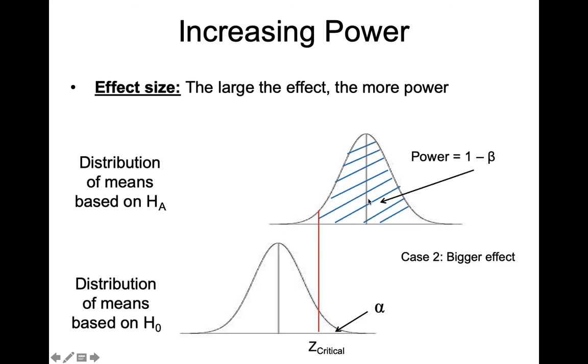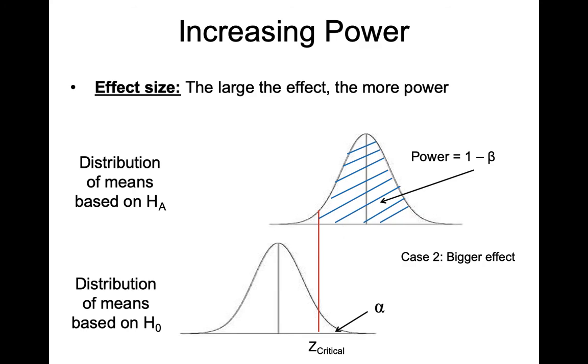Now we're going to shift over to 156. So with a larger effect, you can see we've got many more means here that would cross that threshold. If we randomly sample from a population, we've got a higher percentage of means that would cross the threshold.